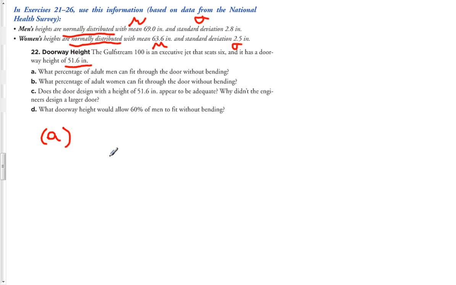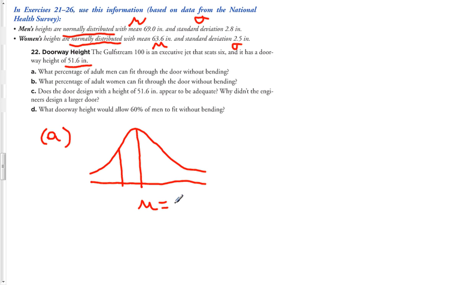So what we're looking for really is the percentage of men. Whenever they ask you to find a percentage, they're asking you to find area. We're looking for the percentage of men who have heights less than the height of the doorway. The doorway height of 51.6 is on the left-hand side of the mean for all men, because the mean, mu, is 69 inches.